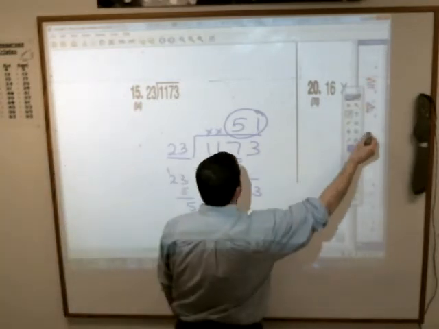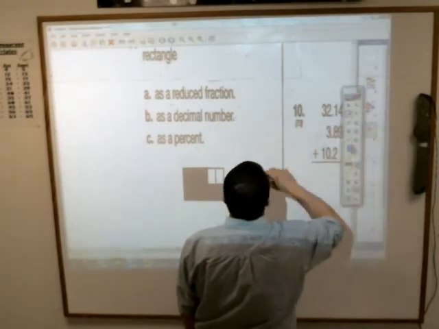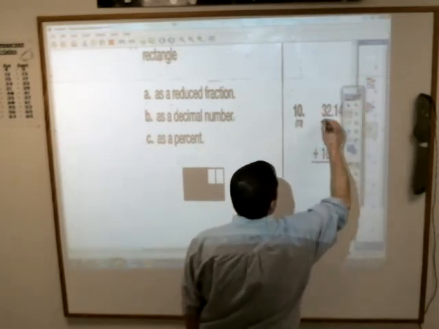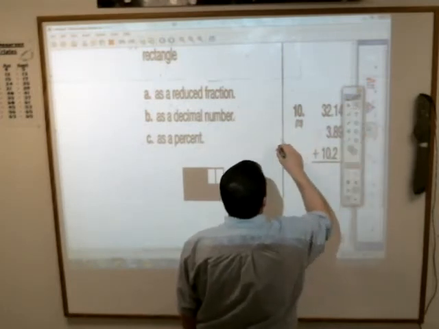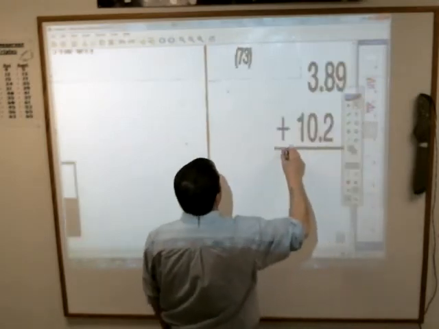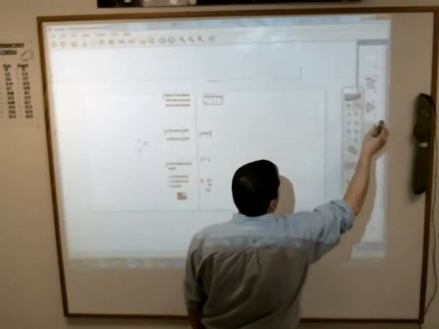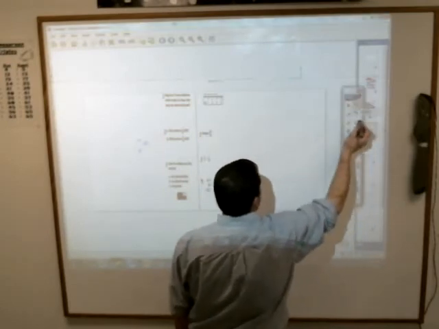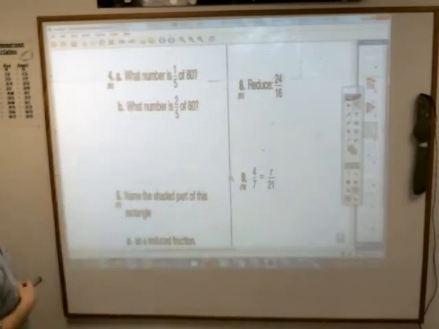Evan: Number 4. We're going to find number 4 here somewhere. Alright, well, the question is, what does the word of mean?